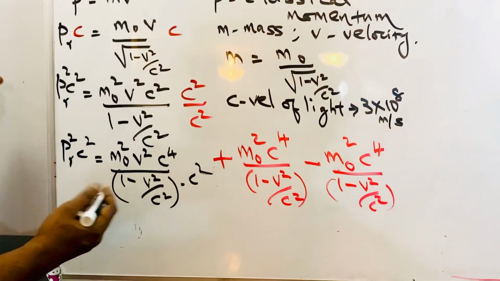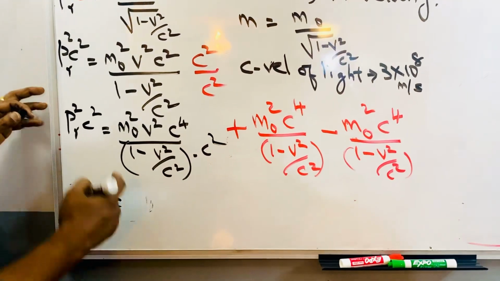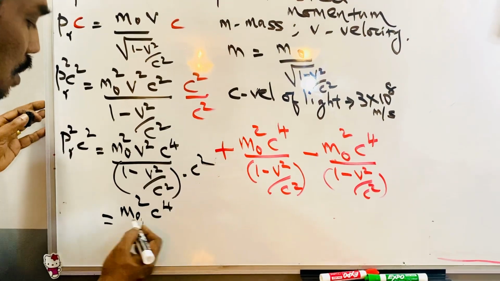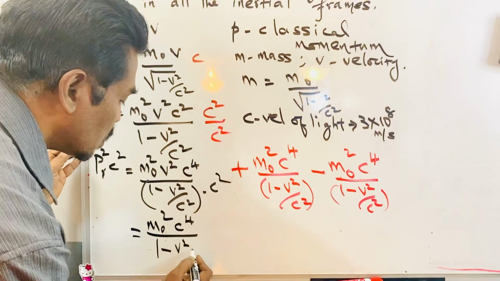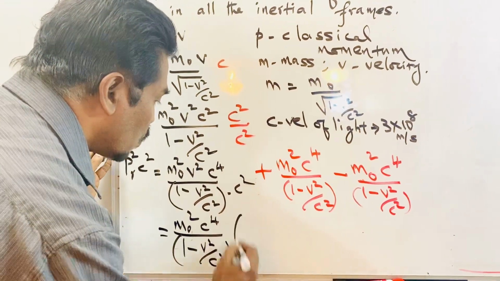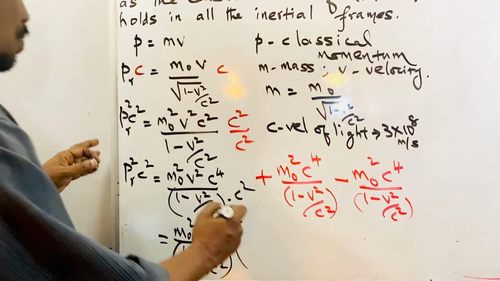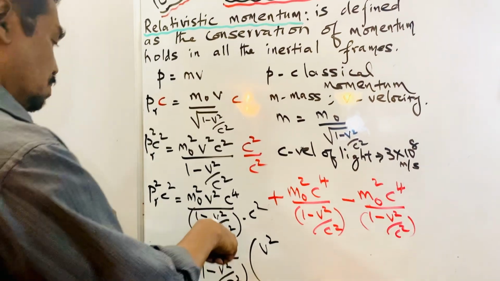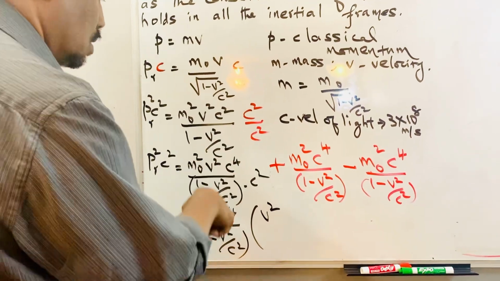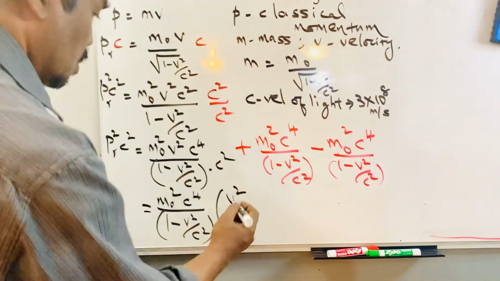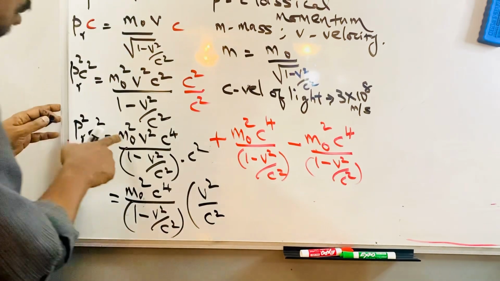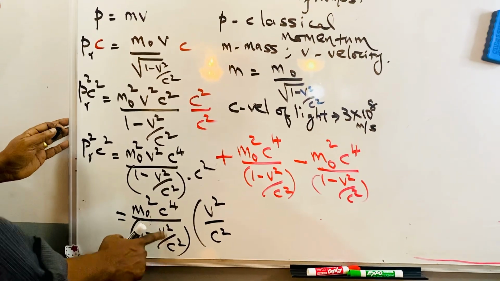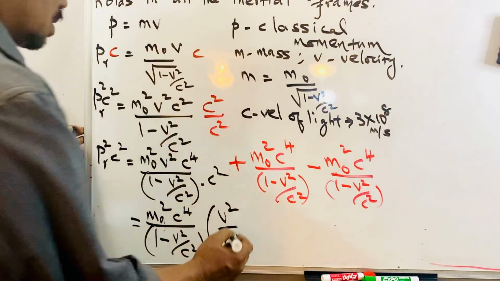Now I can further simplify. I can take m0 square c power 4 over 1 minus v square over c square common, so inside there will be v square in the numerator, and in the denominator there will be a c square.